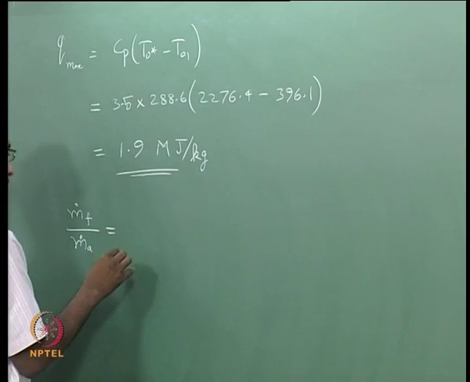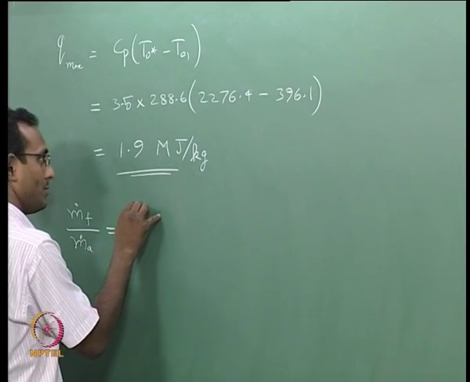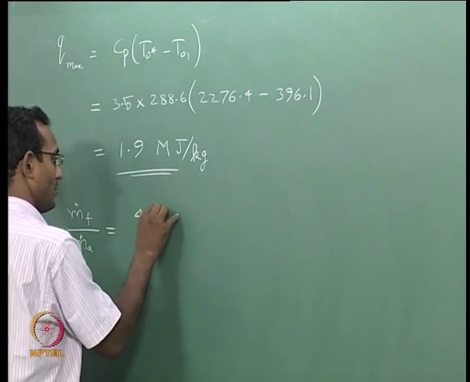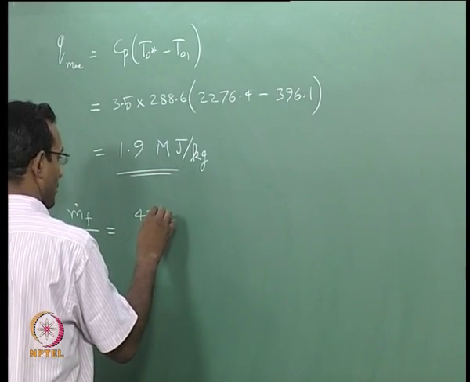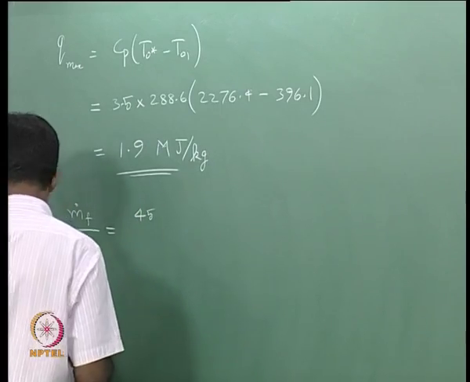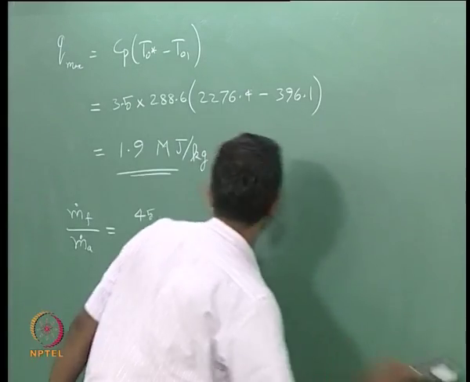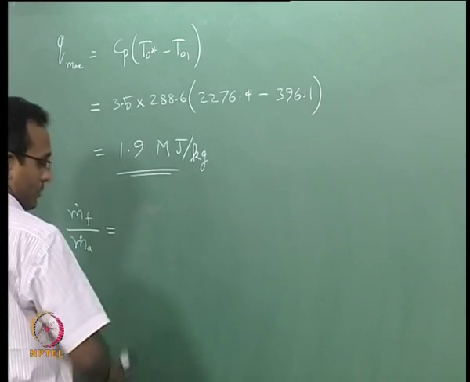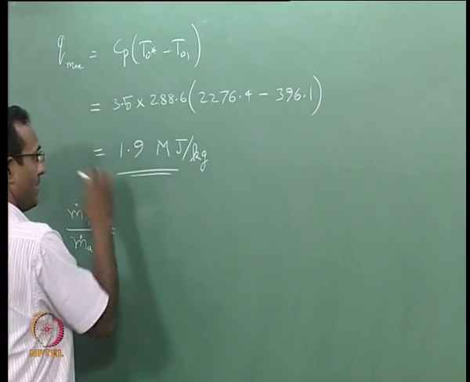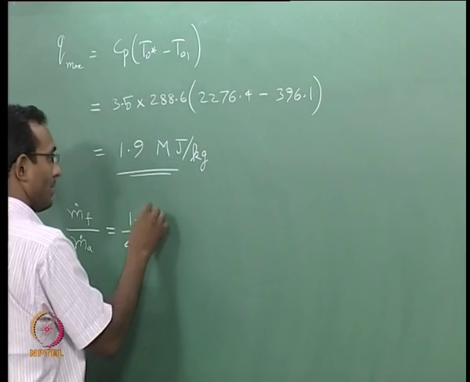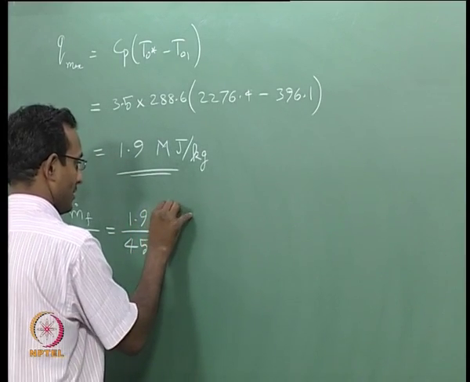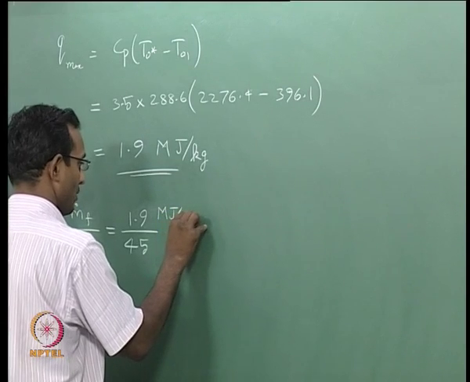I want to have a kilogram of fuel producing that much heat, so I have to divide by the heating value: 1.9 megajoules per kilogram of air divided by 45 megajoules per kilogram of fuel. I will put the units so that it makes things clear.